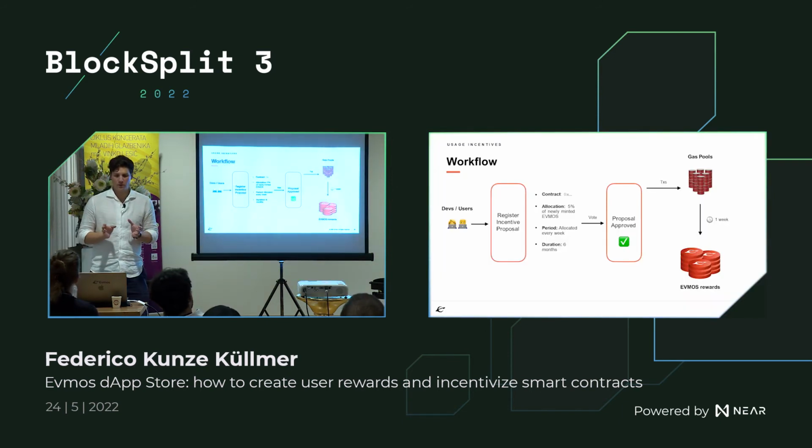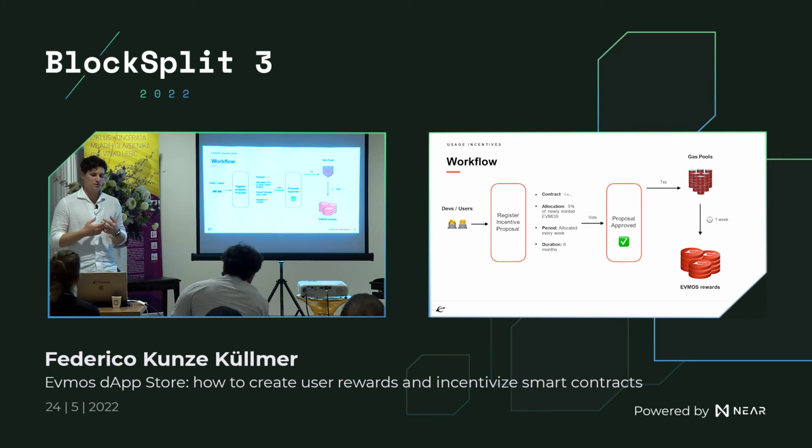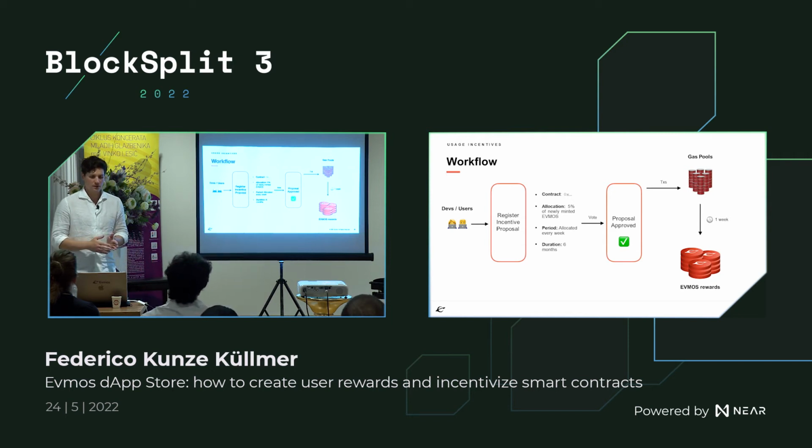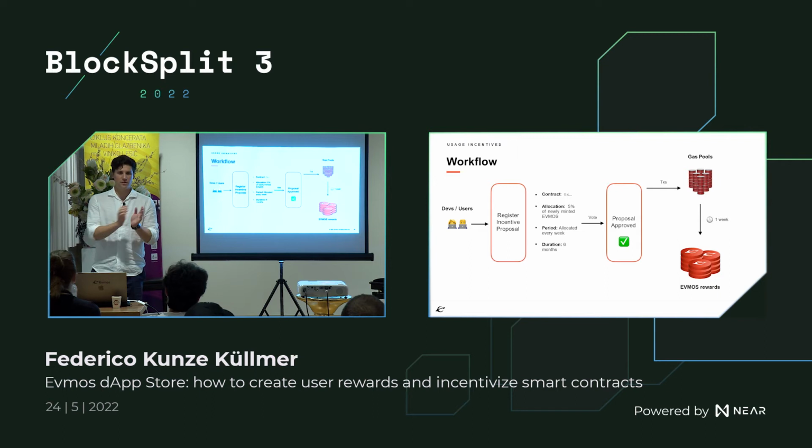The workflow here is that any developer or any user can register their incentive proposal through governance. They create an on-chain governance vote where they define the contract that they're going to incentivize and the allocation of these 25%.